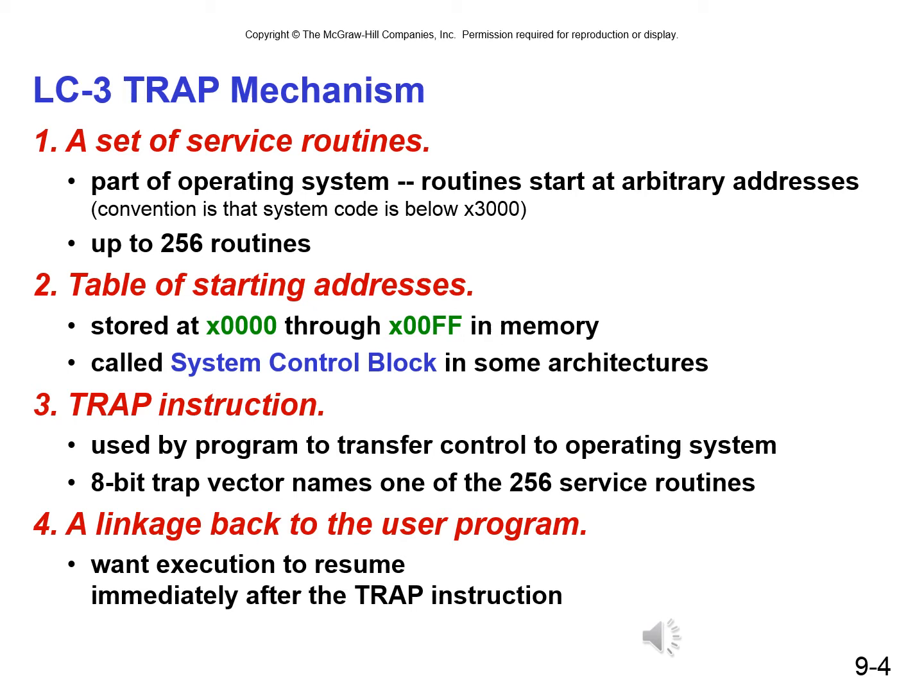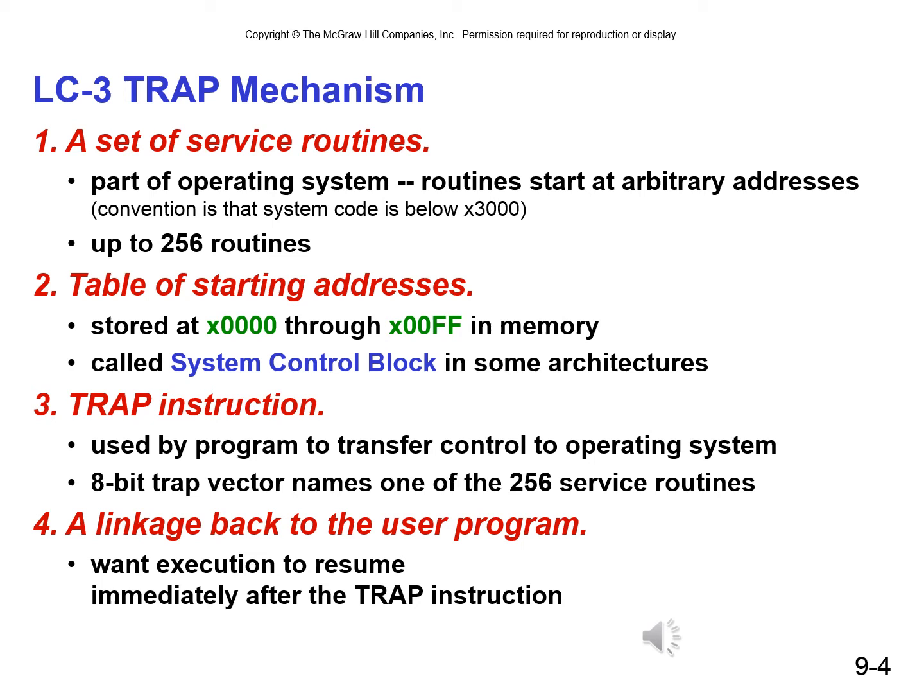Now the trap instruction is the actual program that resides within the operating system. And we have an 8-bit trap vector name for one of the 256 service routines. So when you see a trap X25, that 25 is actually 8 bits, because remember, 4 bits of binary for 1 digit of hex.